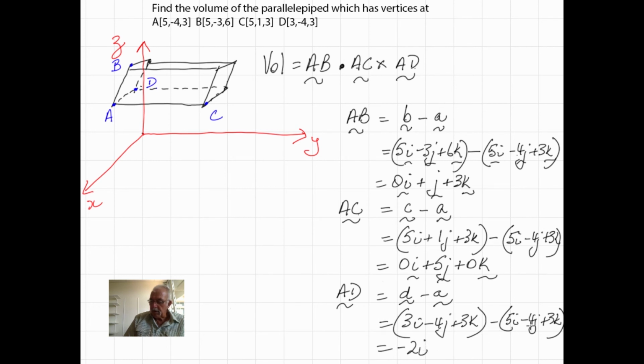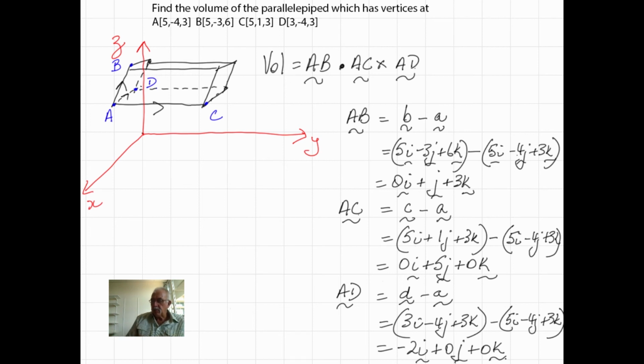Minus 4 minus 4, so minus 4 plus 4 will be plus 0j. And then 3k minus 3k will be 0k. So we've now got our three displacement vectors: AB, AC, and AD, which is that one there.